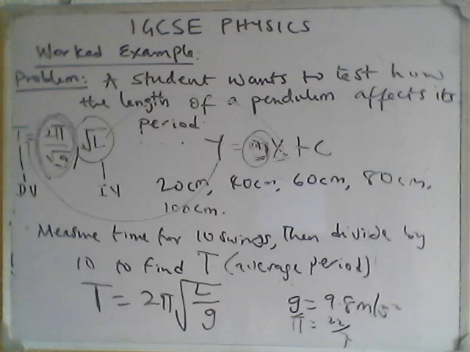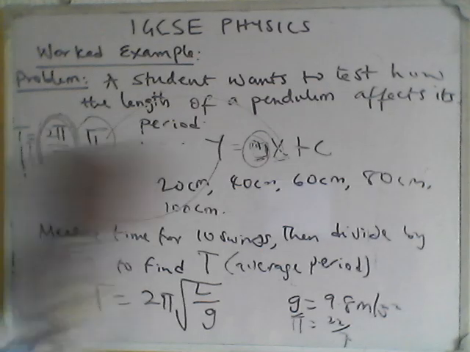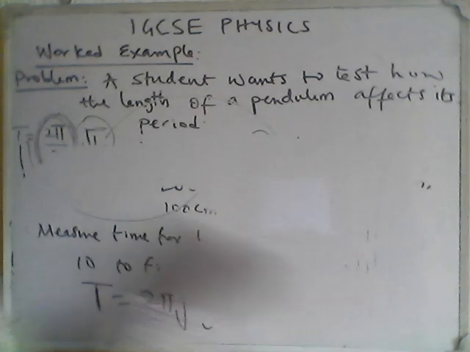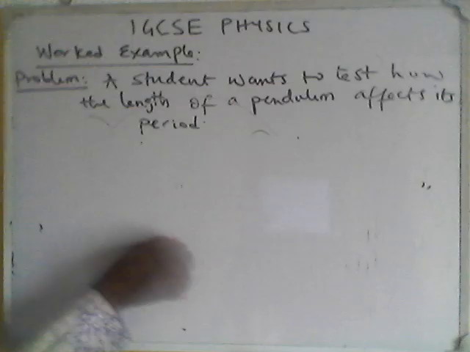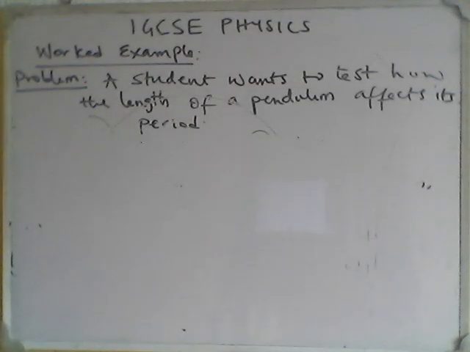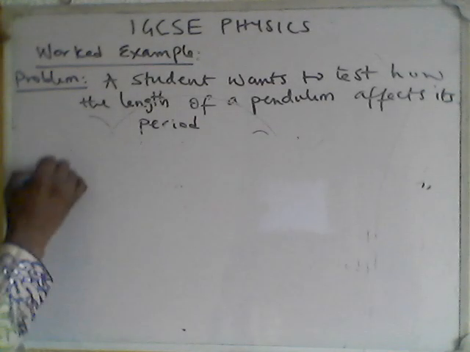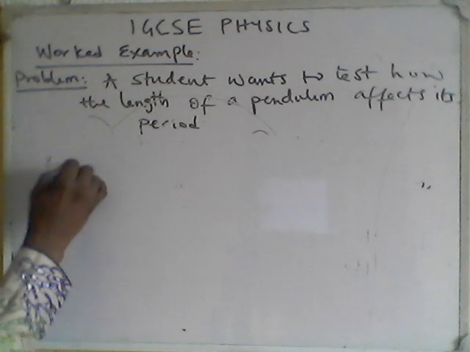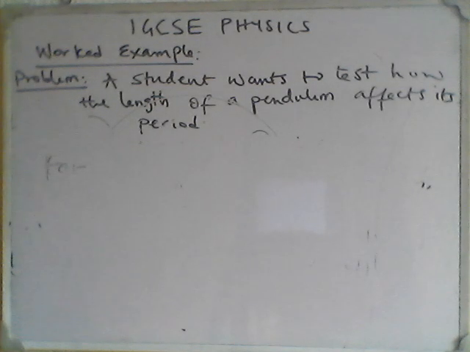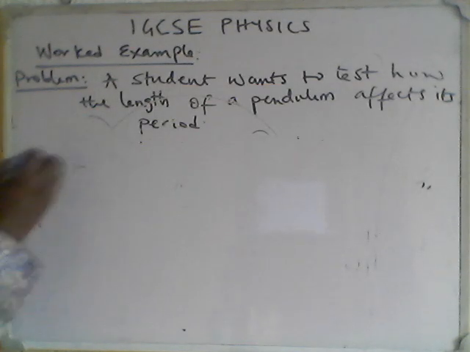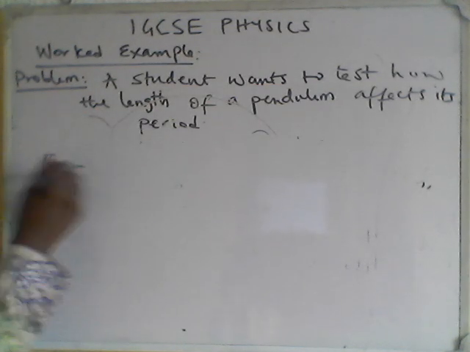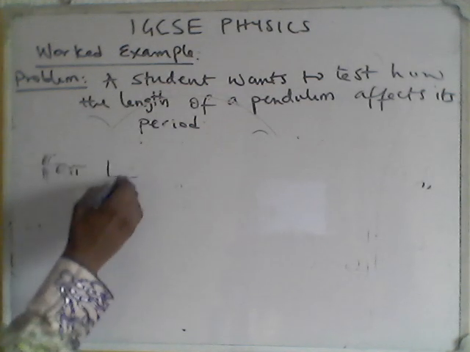So by the time we do our calculation, if for instance we use L equals 40 cm, let me put a calculation there. Sample calculation for L equals 40 cm.